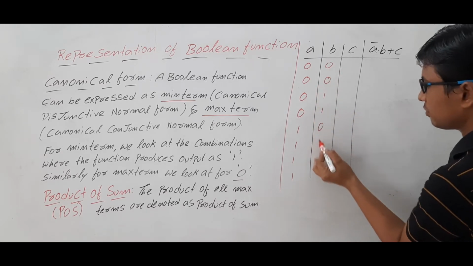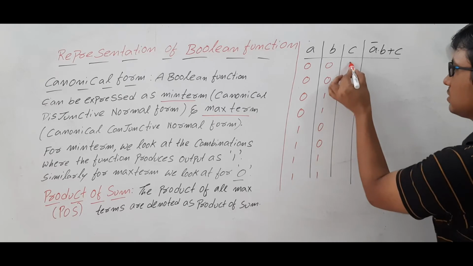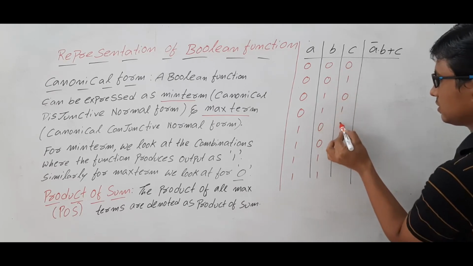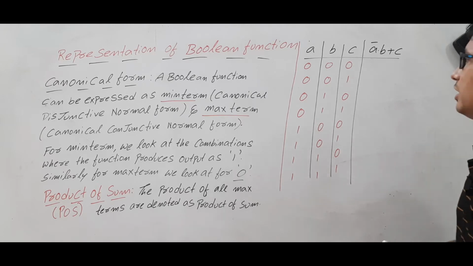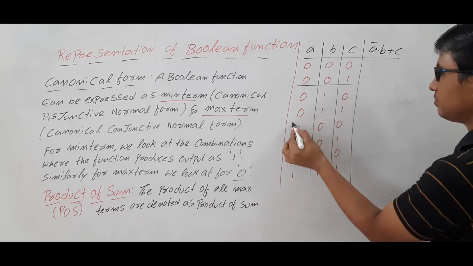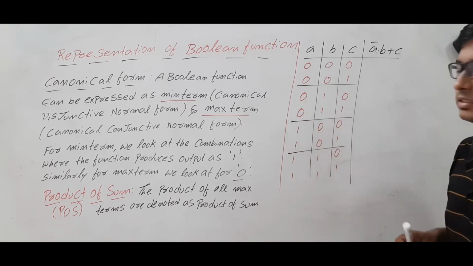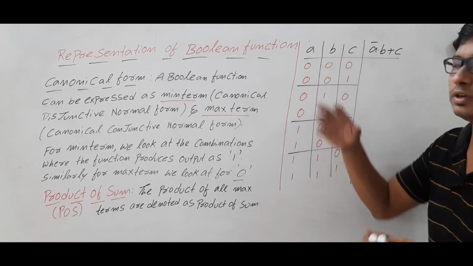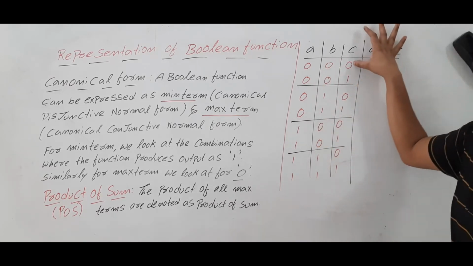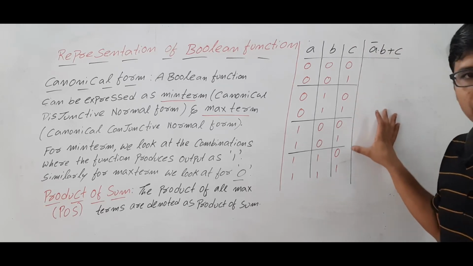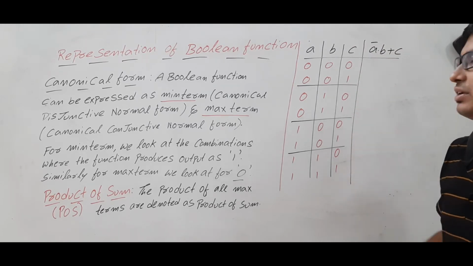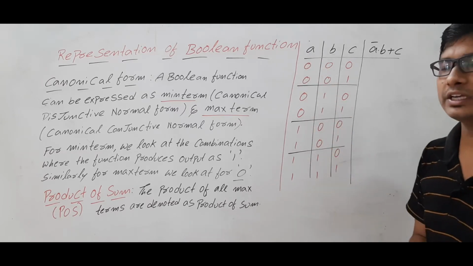This is the better way to represent the 8 combinations. I hope you are following. If you see them, we got 8 combinations. If I convert these numbers into decimal, they are 0, 1, 2, 3, 4, 5, 6 and 7. So we got the 8 combinations.